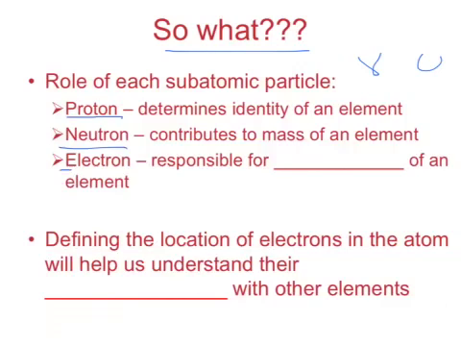But the electron is really the workhorse of the element, and it's responsible for the reactivity, whether or not an atom is going to react, and if it does, what it reacts with and how vigorously and all that other stuff. So defining the location of the electrons in the atoms helps us understand their reactivity with other elements.